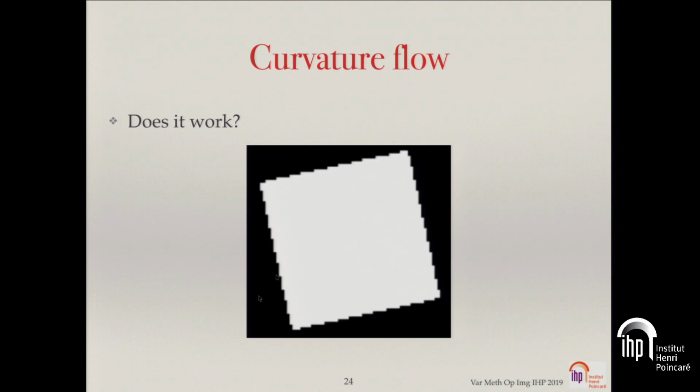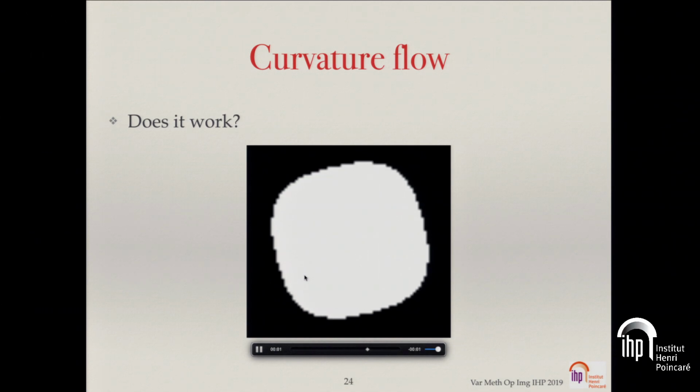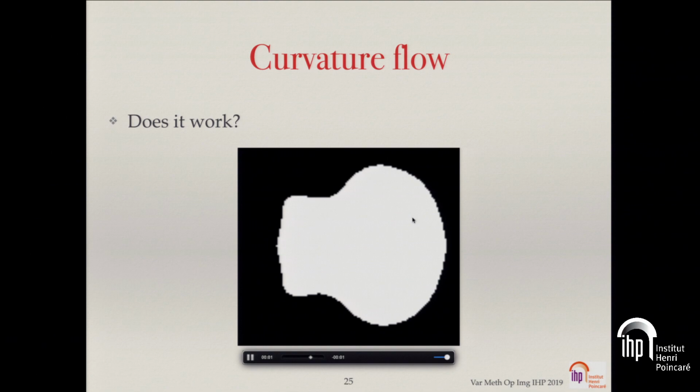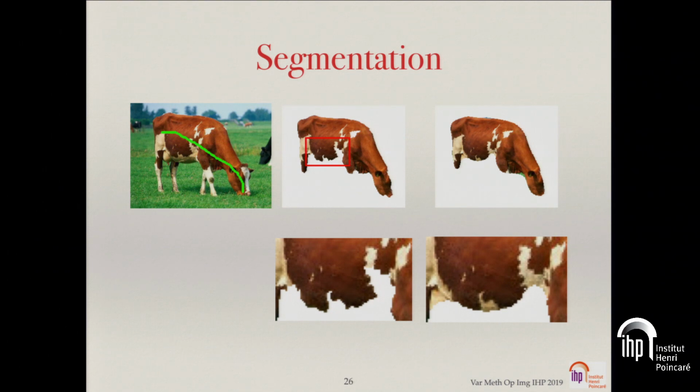It would be easy to say that with only computing an opening here, but really that's not what it does. Here is an example which is maybe more convincing of a curvature flow which is less trivial. Okay, and that's also useful.